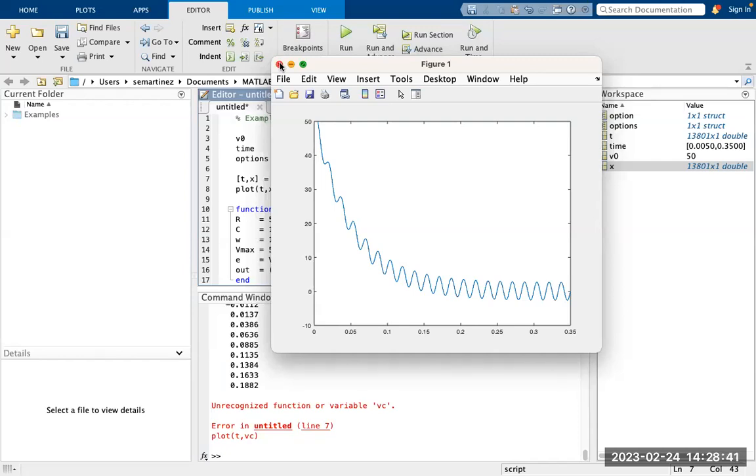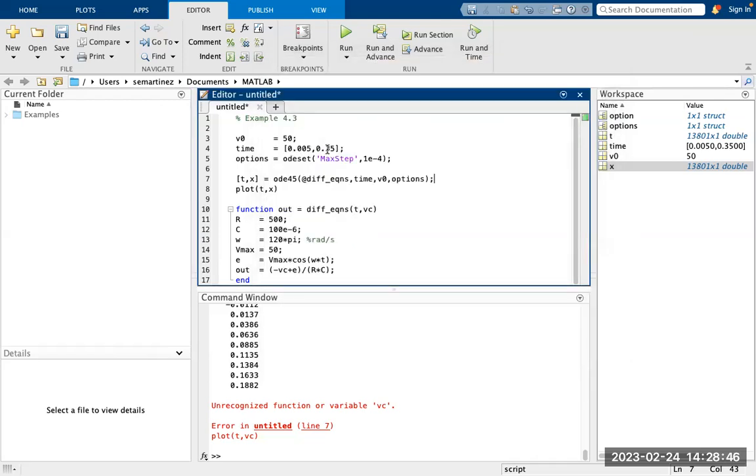Easy, right? Yeah. So, all the functions, and you use like T, VC, how does it correlate that to X? Oh, so VC, yeah. Good question. We could have used here VC and it's going to be the same. The name that you put here is just the output. Always the first element from the output of ODE is going to be the time, and all the rest of the variables are going to be your X's, right?